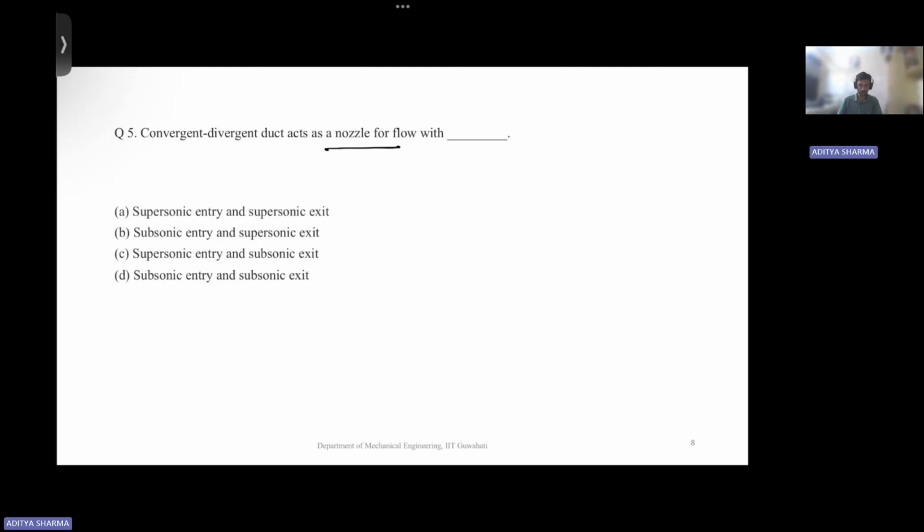If it is a nozzle, then flow will have to accelerate. And this talks about CD nozzle. So we have discussed CD nozzle. For convergent case, this has to be subsonic.